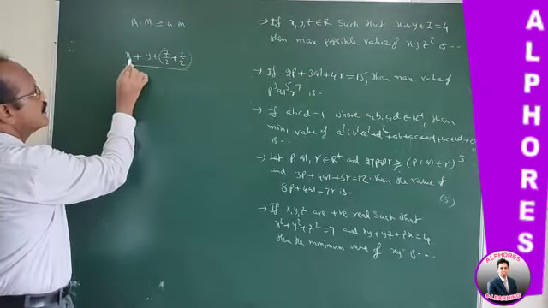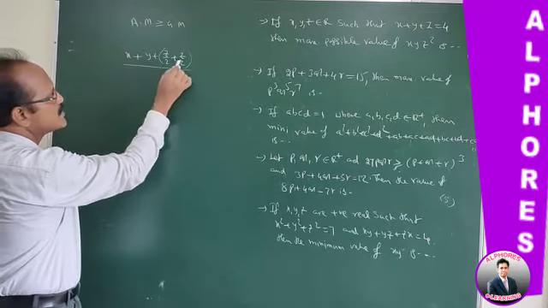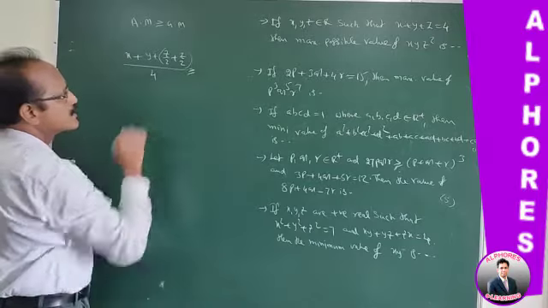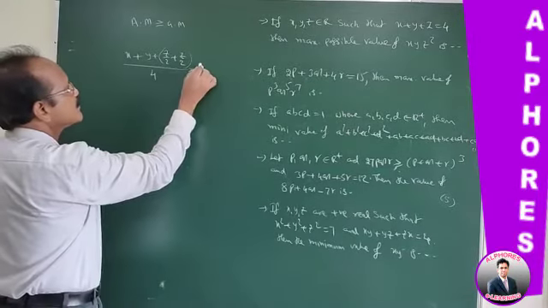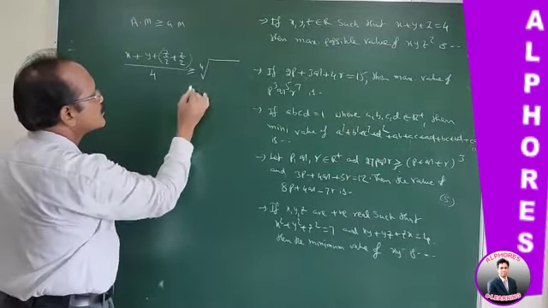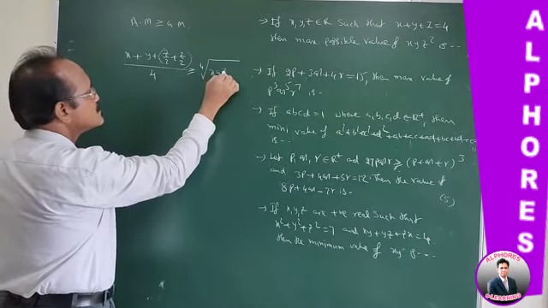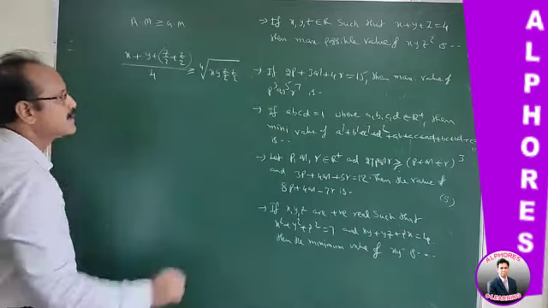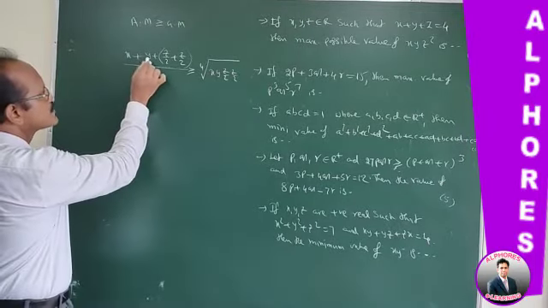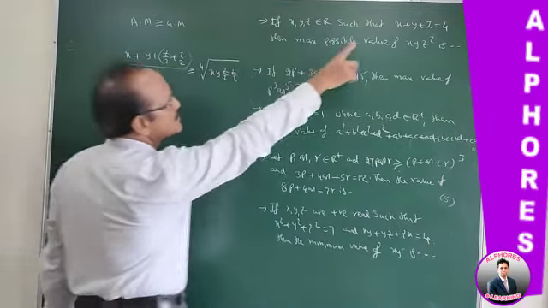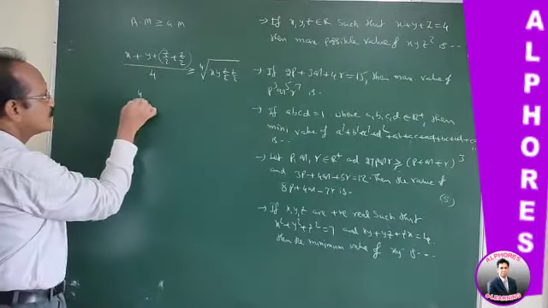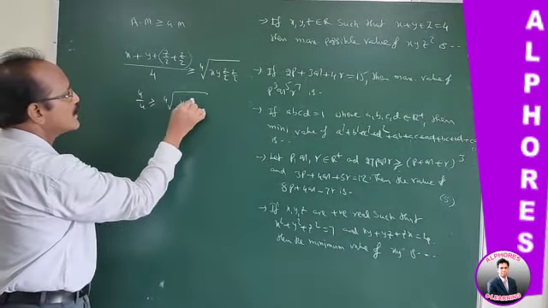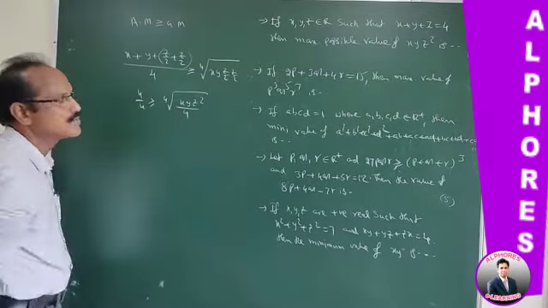That is a plus b plus c plus d by 4, the arithmetic mean, which is greater than or equal to the geometric mean, the fourth root of x y z by 2 into z by 2. The value x plus y plus z is given as 4, so 4 by 4 is greater than or equal to the fourth root of x y z square by 4.